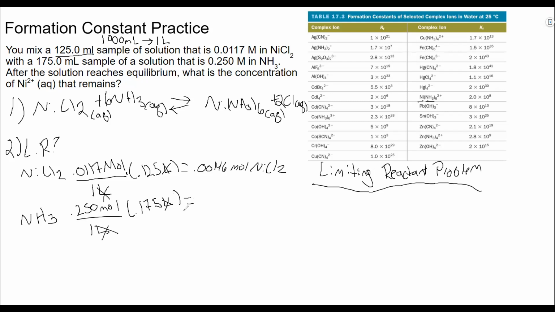To find out how many moles of NH3 I have, it's 0.250 times 0.175. That's what I meant to say. It is 0.0438 moles.